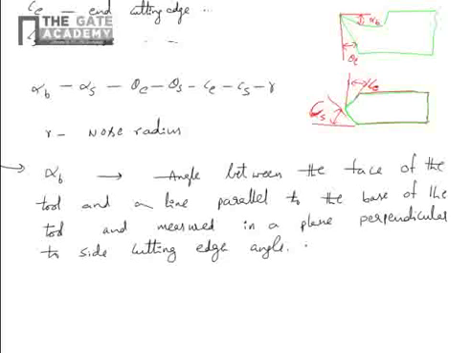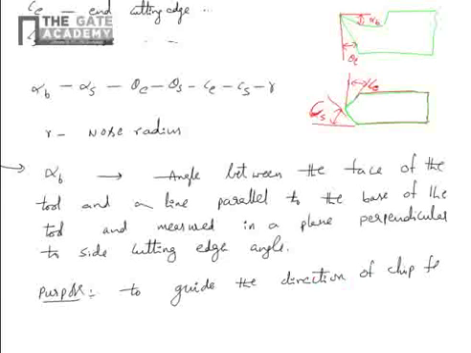Next, the purpose of back rake angle is that it guides the direction of chip flow. It also helps give protection to the tool point.